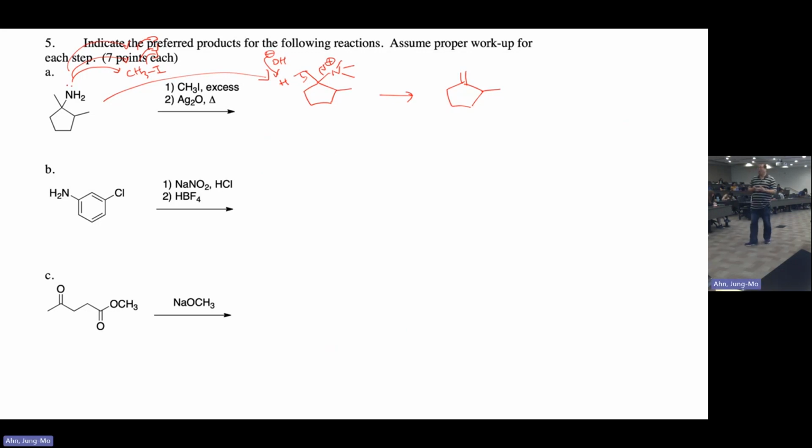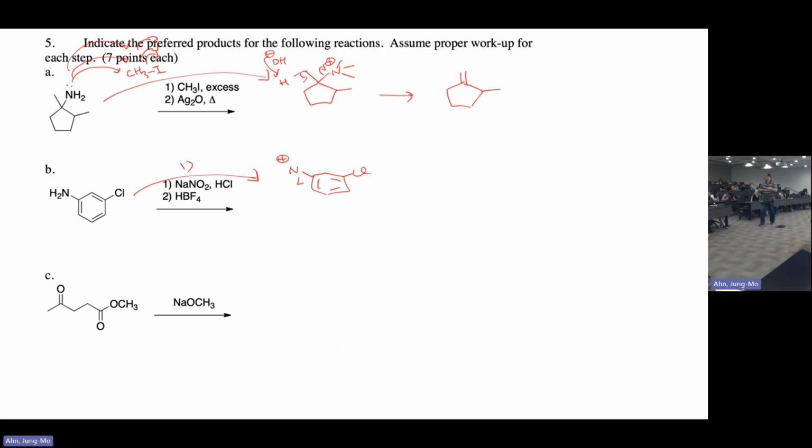And the second step, well, now you see that it's sodium nitrite and then HCl. Those two in combination are basically making nitrous acid, right? HNO2. And nitrous acid makes a nitrosonium ion, which is an N plus. That means the first step is basically making a diazonium ion. Diazonium ion is a good leaving group because we can kick out N2.